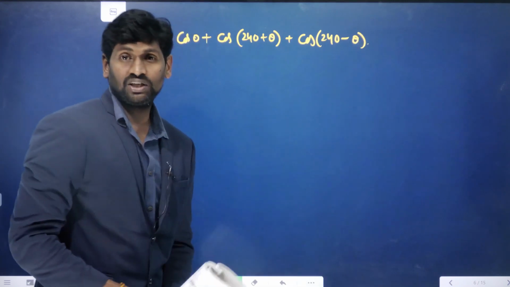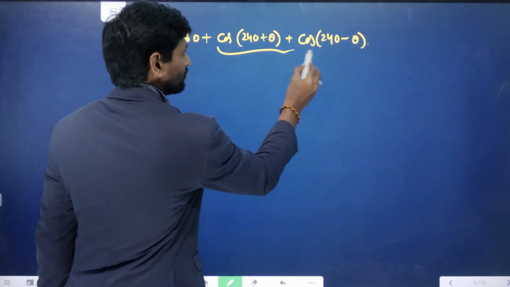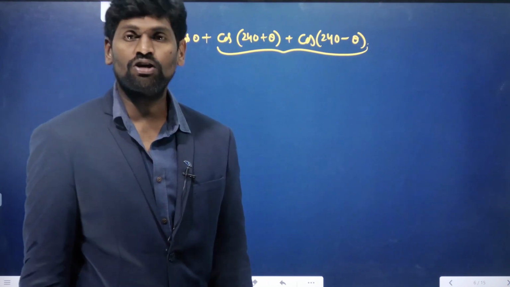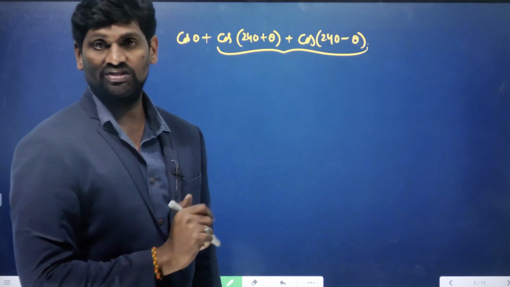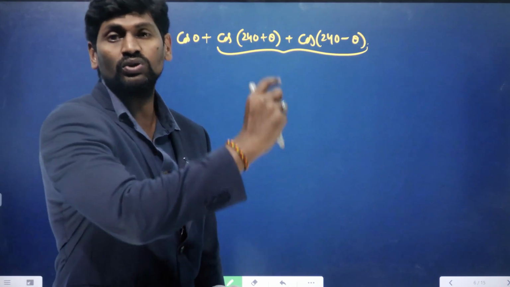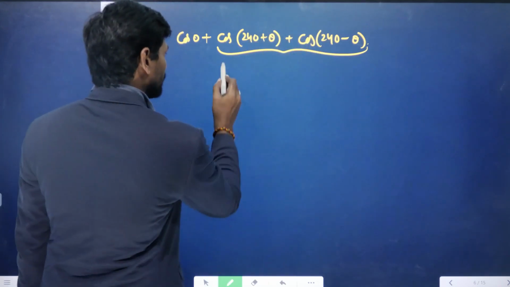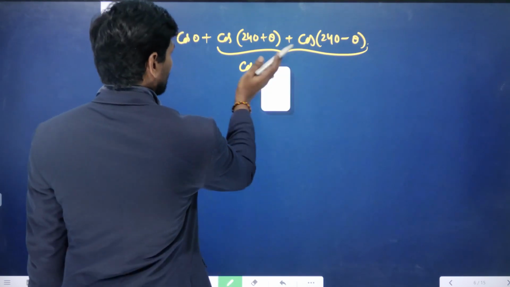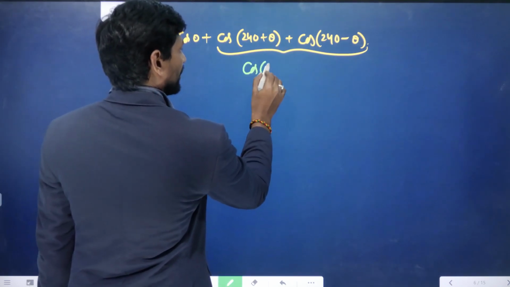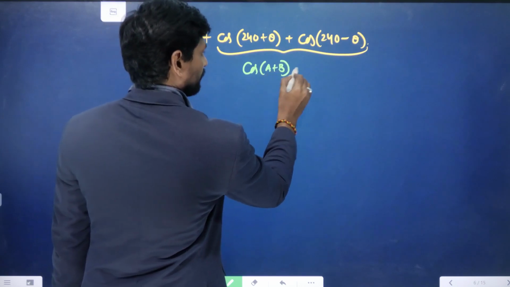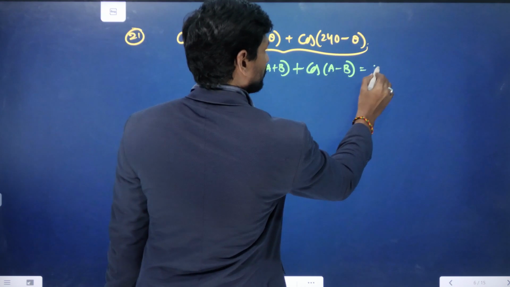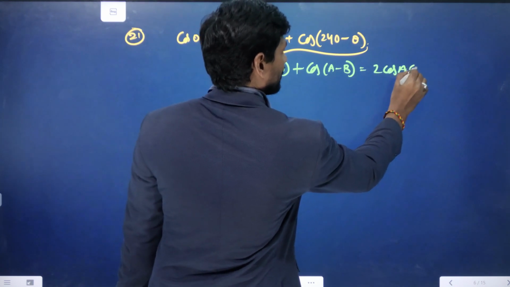So just observe the last two terms, cos a plus b plus cos a minus b formula. Cos plus cos, what is cos plus cos? The 2 cos cos formula will be there. From this we should write, see, I'm writing the formula: cos a plus b plus cos a minus b equals 2 cos a cos b.